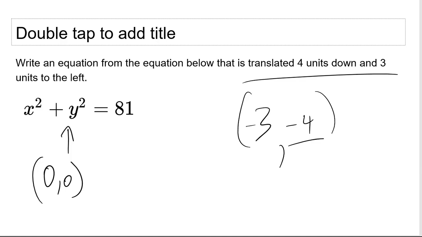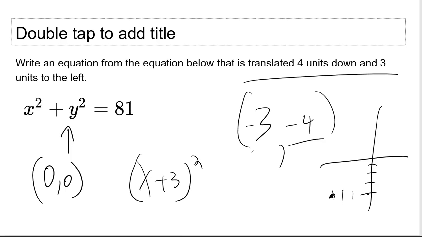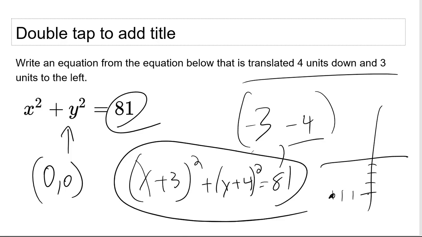All we're trying to do is locate the point. So it says 4 units down, so it's 1, 2, 3, 4. 3 units to the left, 1, 2, 3. That's this number here, which is -3. So it should be -3, -4. That's my first point. That means x plus 3 squared plus y plus 4. And the number we use at the end is just the same one. That won't change. And there we go.